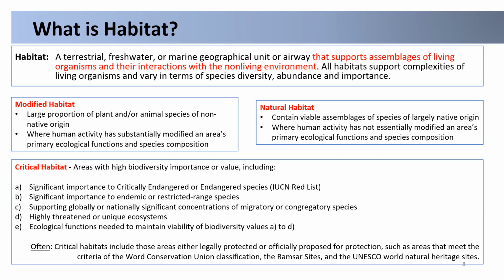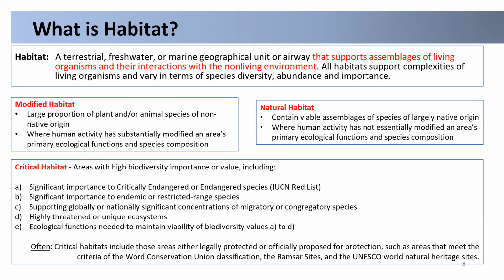Another example is when you have abandoned quarries that provide habitat for migratory birds and wetland species. Or you can have managed livestock pastures that also provide seasonal grazing for wildlife. So these would all be modified habitats. However, they have certain value, and in this case, they are relevant to ESS6. Then we have the natural habitats.